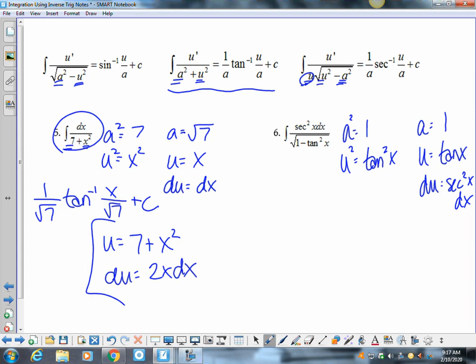I was looking at the extra x, but that's your du. Secant squared of x. And we're saying this one's sine. So sine inverse of tangent x. Now how's that for some fun math? You have trig of trig.